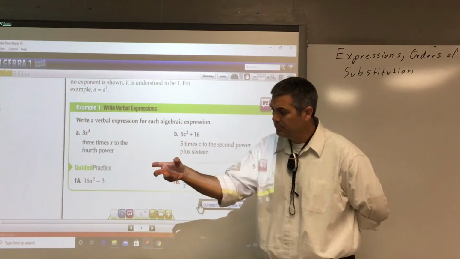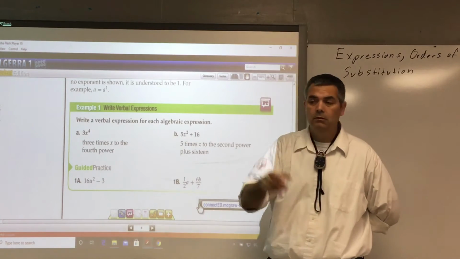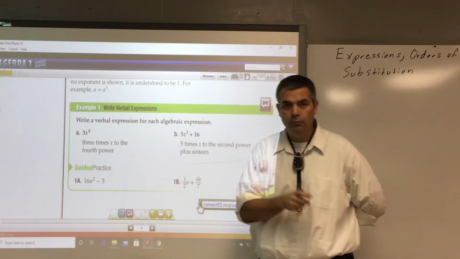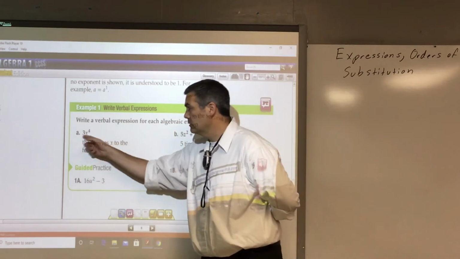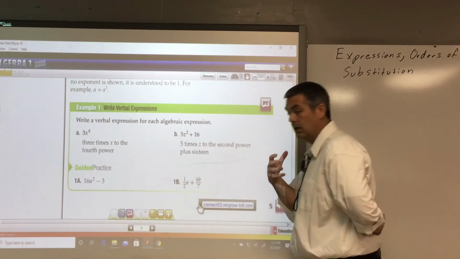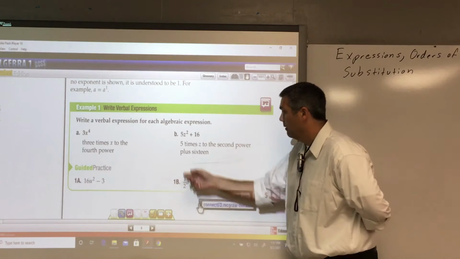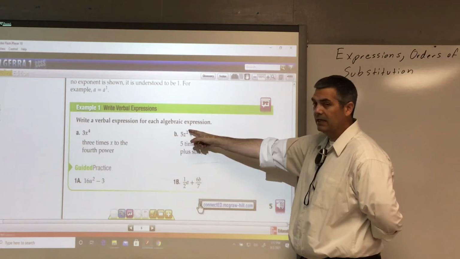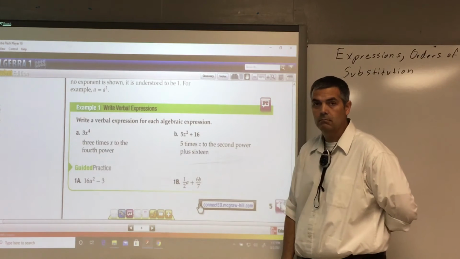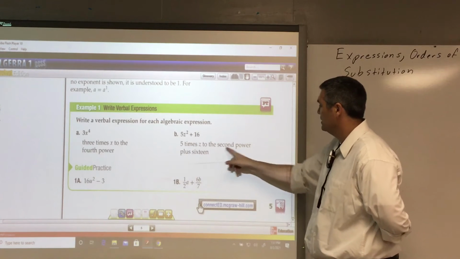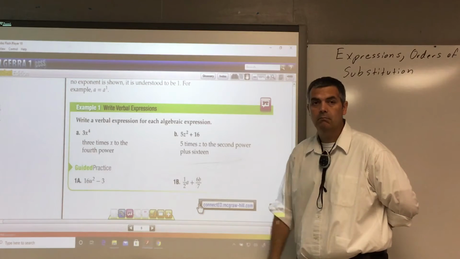When you take that algebraic expression to words, write it just like you read it. You should be able to read this. Okay? It makes perfect sense, right? 5z squared plus 16. 5 times z to the 2nd power plus 16.